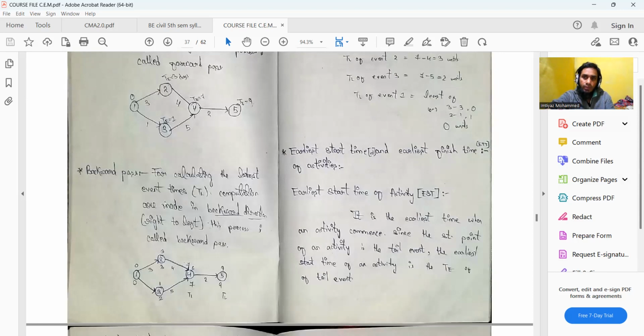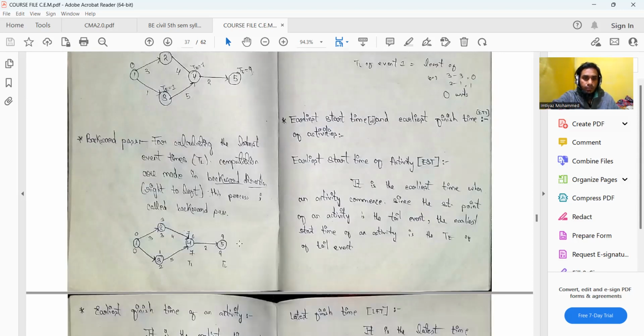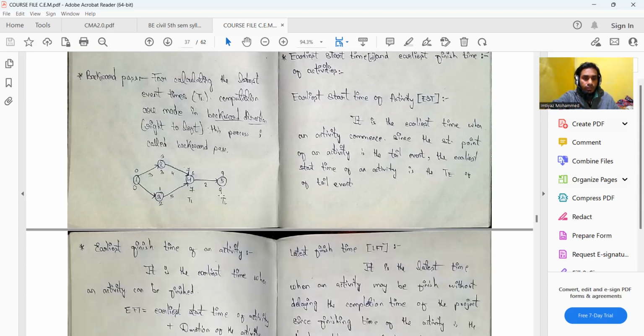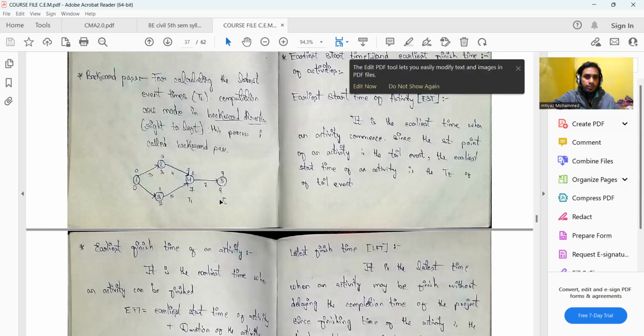Now we have the backward pass in order to calculate the latest event times, and in this case the computations are made in the backward direction. So we first find out the TL. When we use the forward pass to calculate the earliest event time, we stop at node 5 as far as this example is concerned.